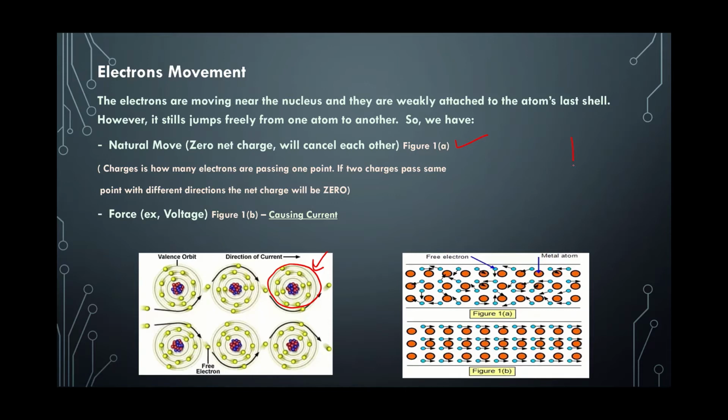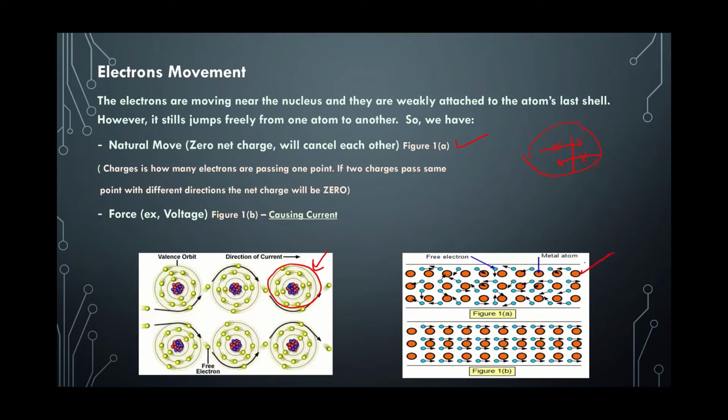Why? Because one electron will be going to another atom in the last shell, and another electron will be coming to the same atom but from a different direction. So the net charge here will be 0. So one movement will cancel the other one.